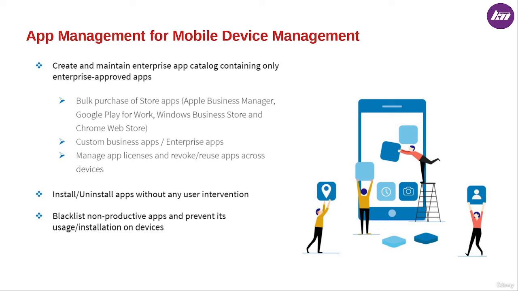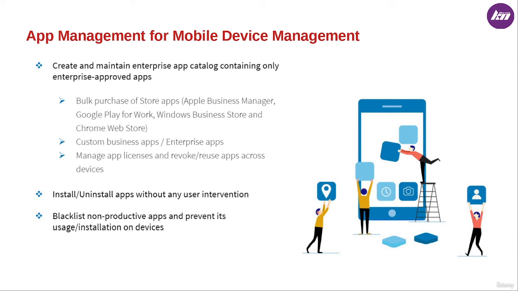Now you could just buy those apps via Google Play or maybe Apple Business. But you control them. Now, you have business apps or enterprise apps, or even if you develop your own app, you could put it in place with security with the MDM. Now, you can manage app licenses, revoke licenses, and so on.